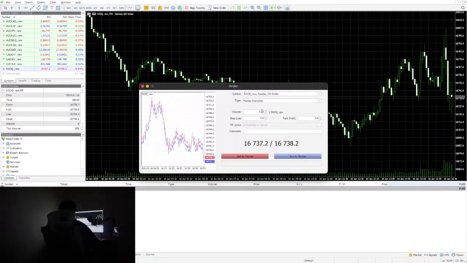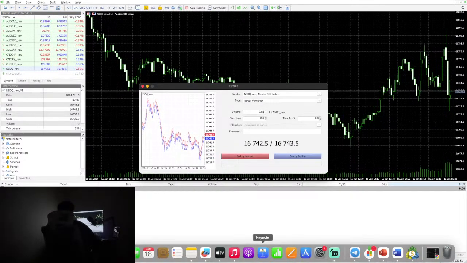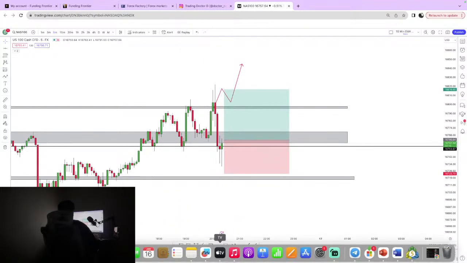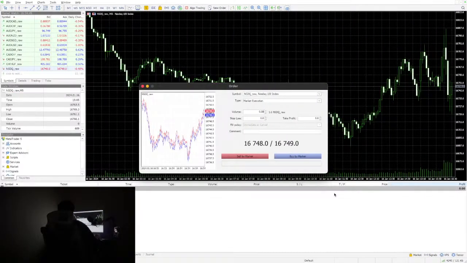So I'll open it with 0.08 lot if it closes above this black line, right? All right, so I'm opening the position.